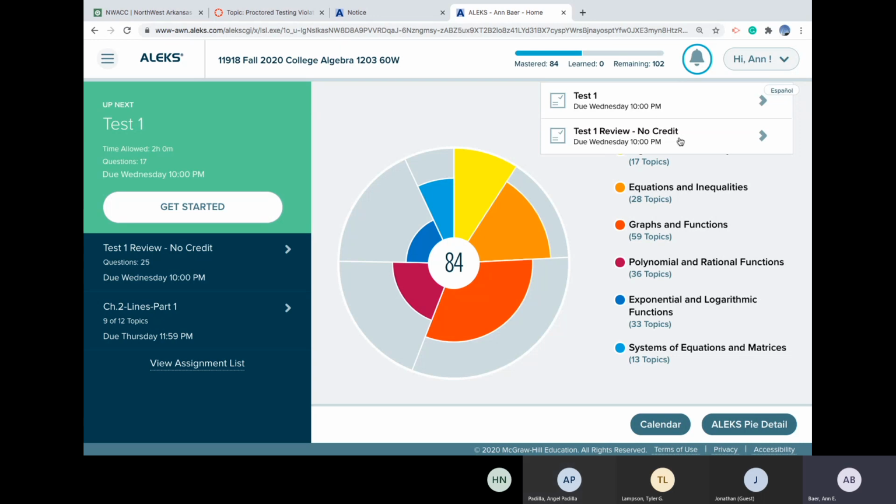If for whatever reason you did not learn a topic that is in the test 1 review objective, if you don't learn it or aren't given credit for learning it by Alex, then you're not going to see it in the test 1 review objective, unfortunately, but you will see all of the possible topics that the test covers in here, this test 1 review no credit assignment, and including what we're going to talk about today.